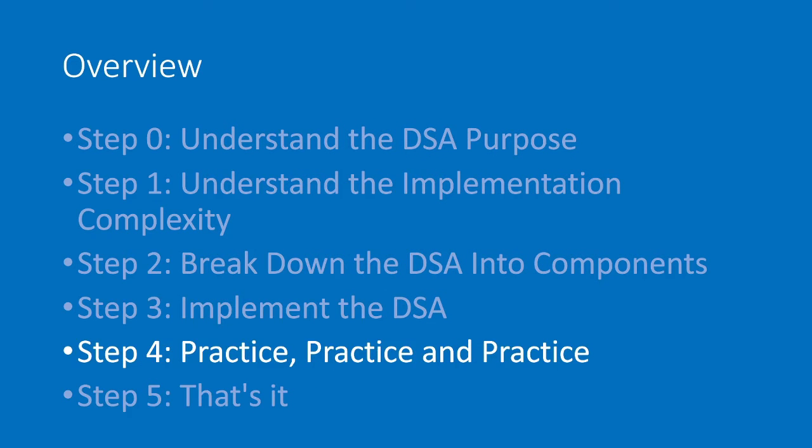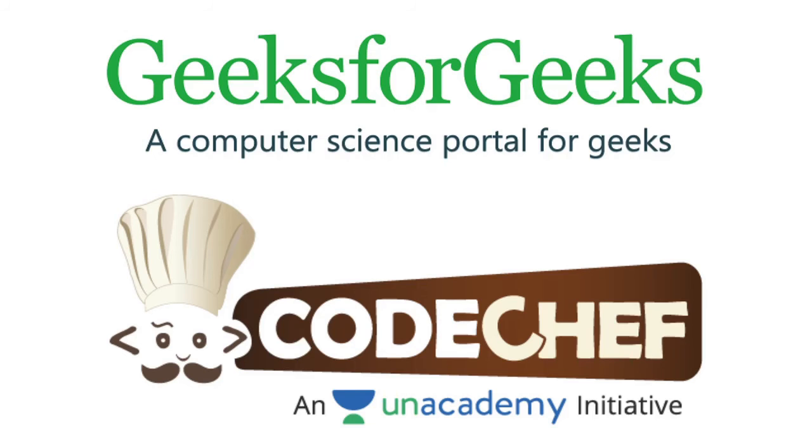So the next step is the crucial one: practice again and again and again. As soon as you're done implementing it, whatever DSA you're doing, try again without looking at your code. Then go into these 2 sites, GeeksforGeeks and CodeChef, and try to implement other variants of the algorithm to really make sure you understand the material.